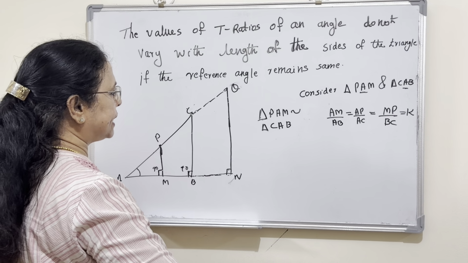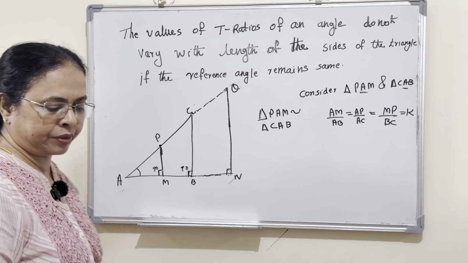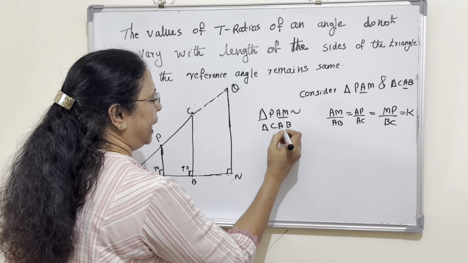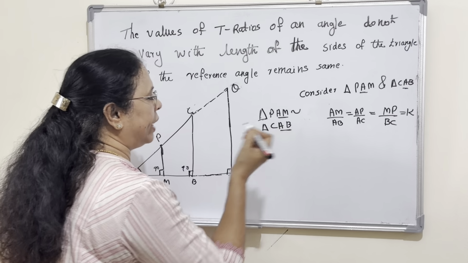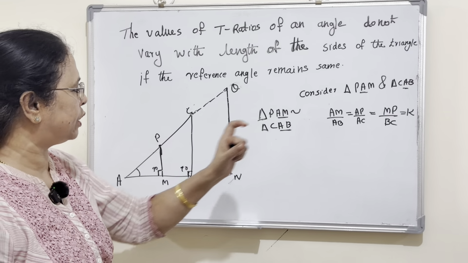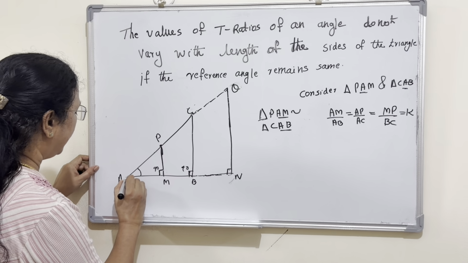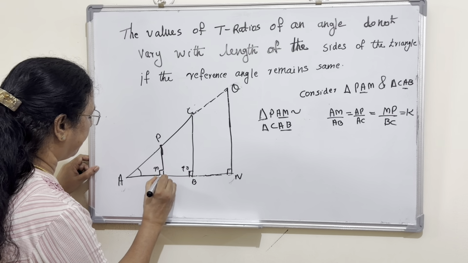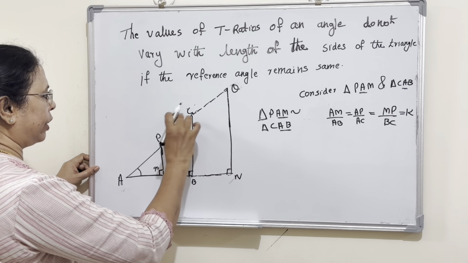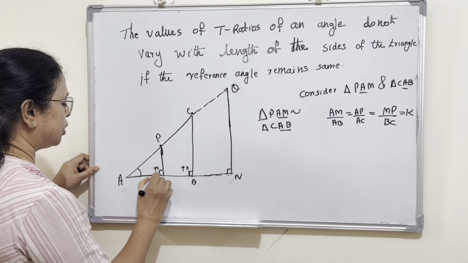Correspondingly, which is the side in triangle CAB? In triangle PAM we have AM and in triangle CAB we have AB. So AM by AB is a ratio. AM is in PAM and AB is in CAB.